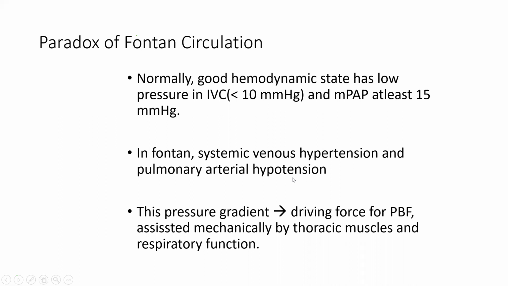So these two things create the pressure gradient, and this is the driving force for the pulmonary blood flow, assisted mechanically by thoracic muscle and respiratory function. To understand, normally there is a low pressure in the venous system and pulmonary arterial pressures are high, but in Fontan, systemic venous pressures are high and pulmonary pressures are low. That's why blood will flow forward.